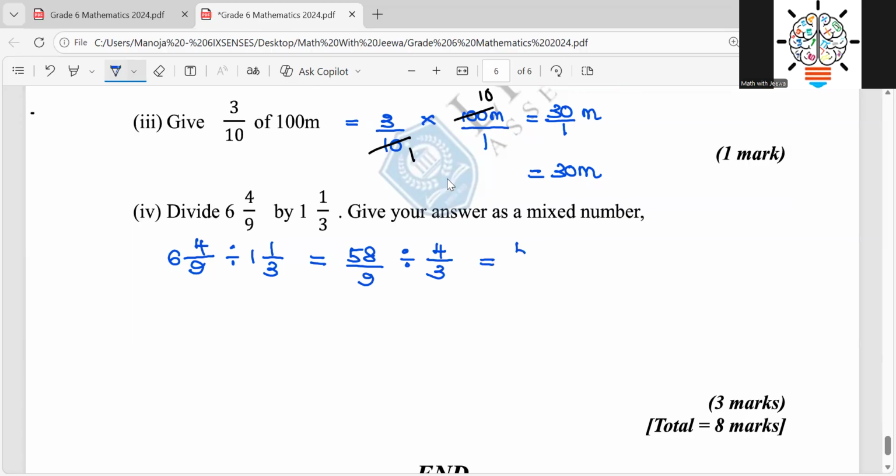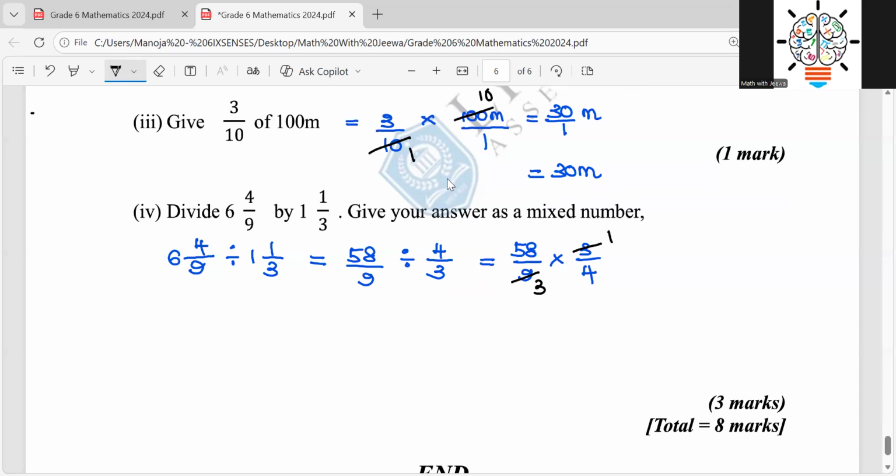Then what we do? We convert the division into multiplication. And when you convert the division into multiplication, the next fraction will take its reciprocal. So this becomes 3 over 4. Right? Then I see whether I can simplify here. How can I do that? 3 times 1, 3 times 3. Right?